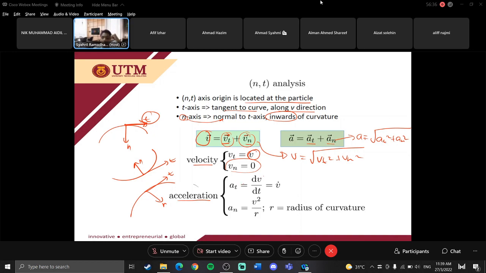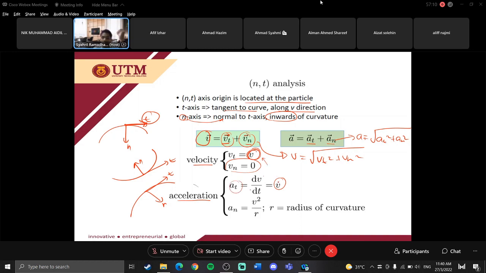We know that acceleration is dv over dt, so we can put it in terms of v dot, the rate of change of velocity. So at is dv/dt. You can get at by referring to the vt. For example, sometimes it's mentioned that the velocity is constant. When the velocity is constant, at will be 0, because this at is related to this velocity.